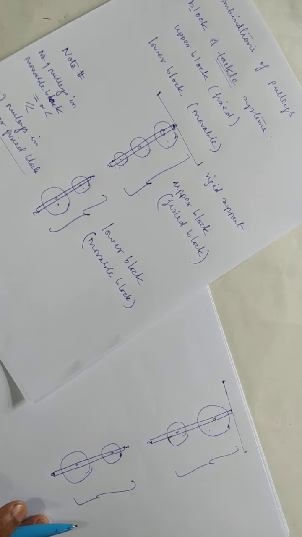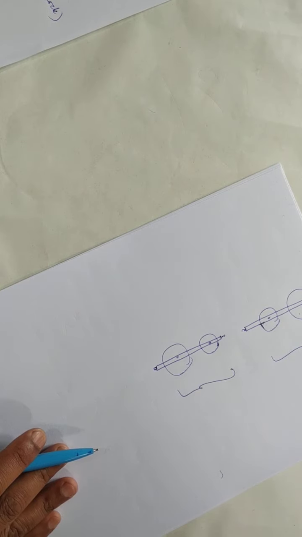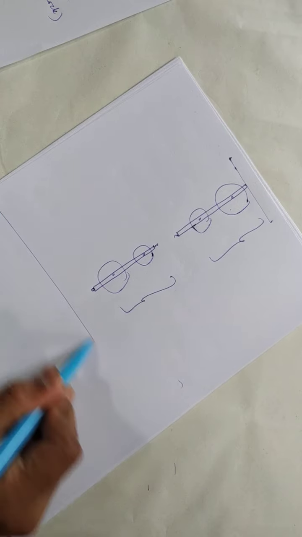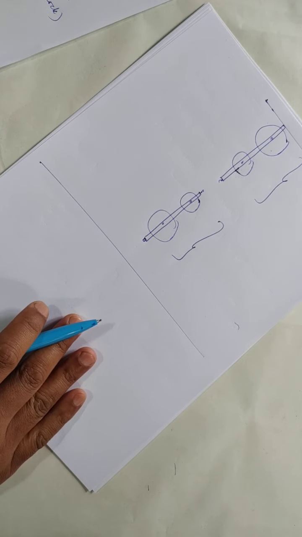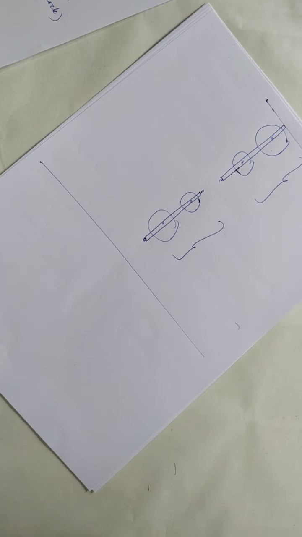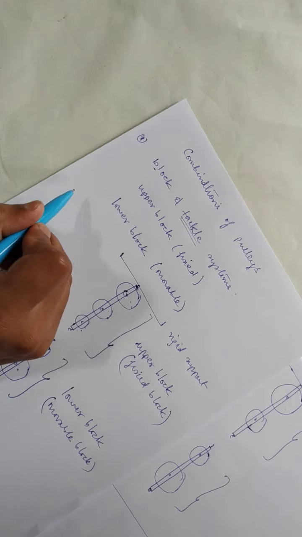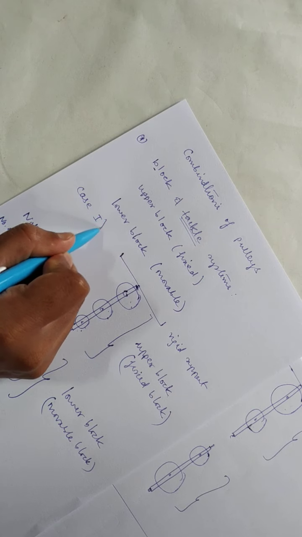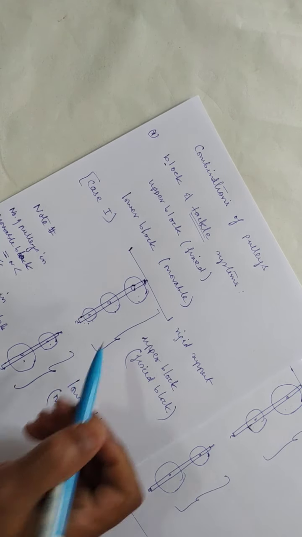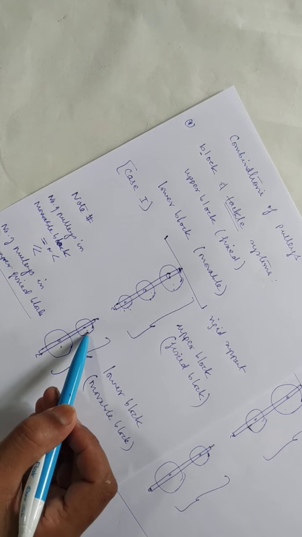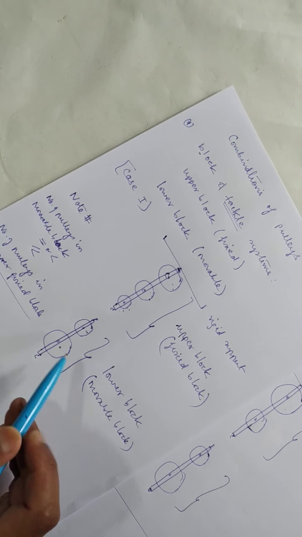So let me draw here separately, the second situation also. Now how do you stand? So in the first case, suppose I take this as case 1. In the first case, we have the number of pulleys in the upper block more than the number of pulleys in the lower block.